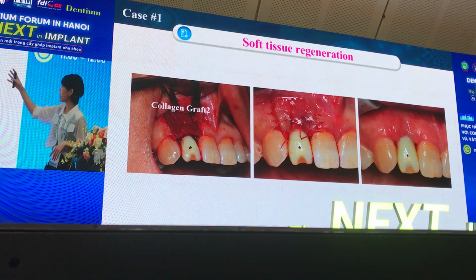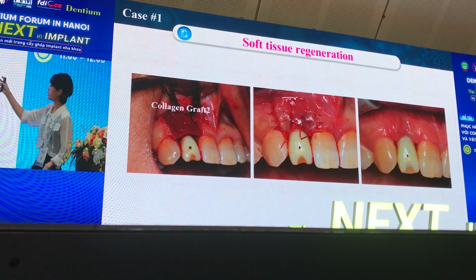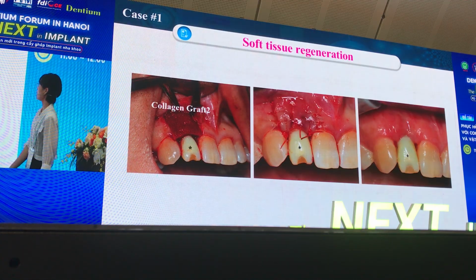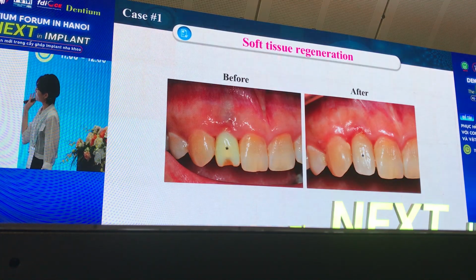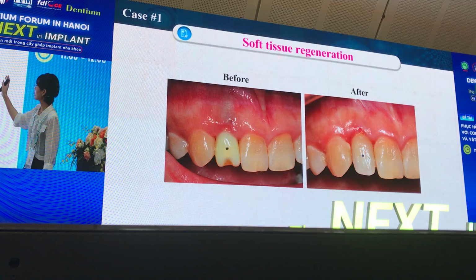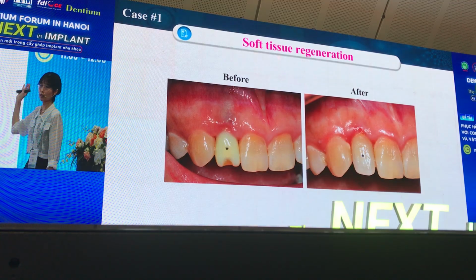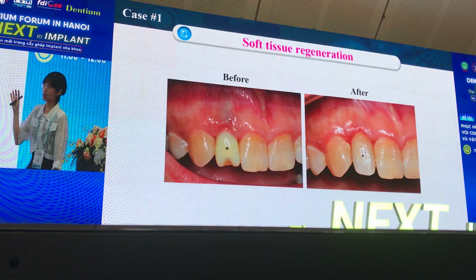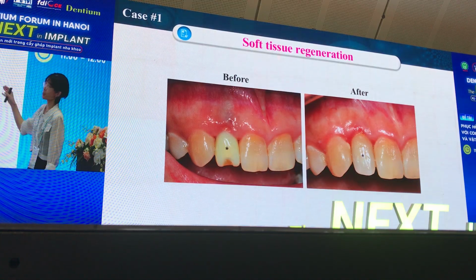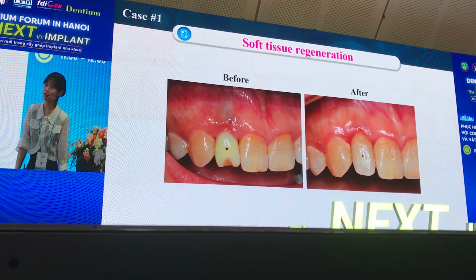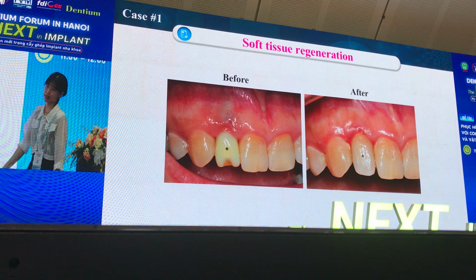And then after the application of Collagen Graft 2 and the fixture switch-out, let's compare the whole. After the treatment, you can see the clear keratinized tissue and also the thicker gingiva, and the patient agreed with the clinical outcomes, so she went back to the local clinic for the final prosthesis.